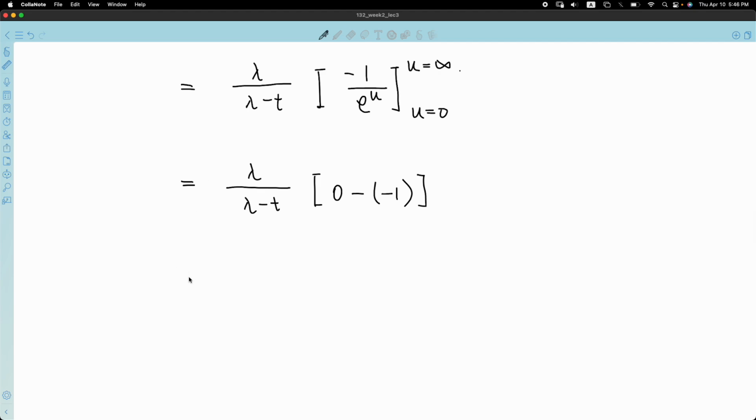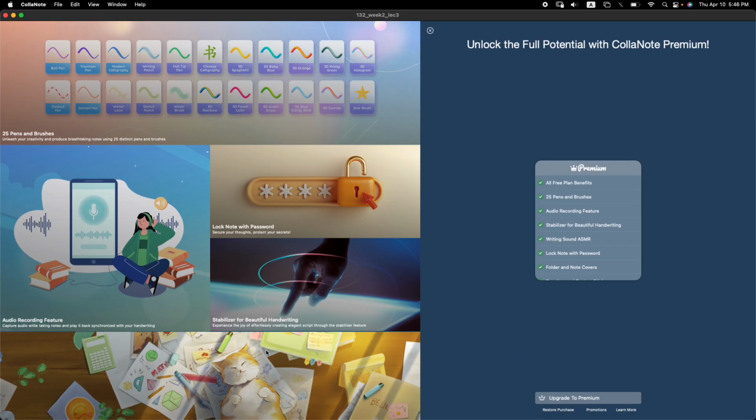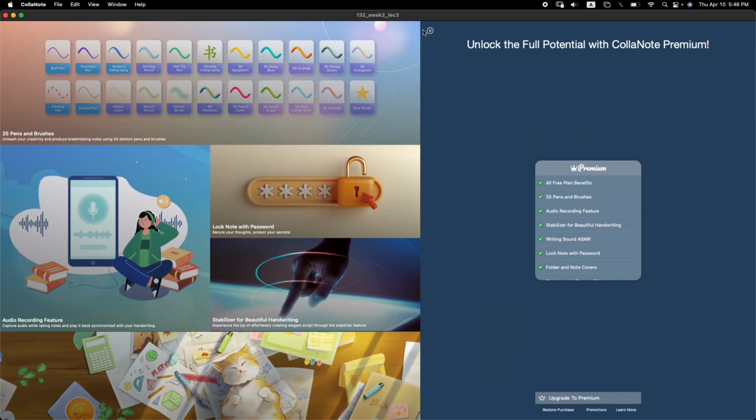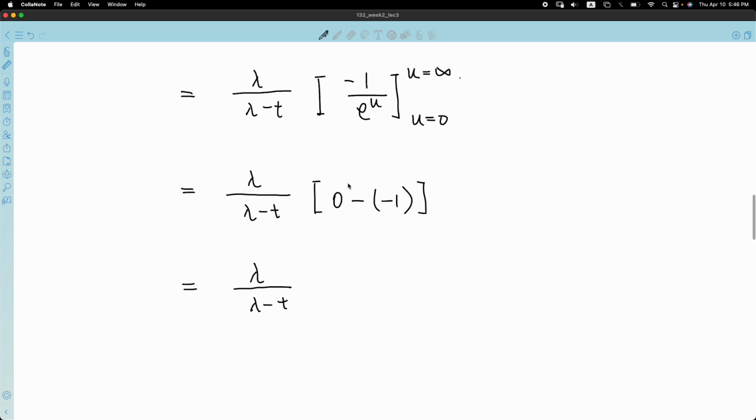So our final result, which is also a function of t, just to reiterate again, is lambda over lambda minus t. And do you guys still remember what this expression stands for in our examples?